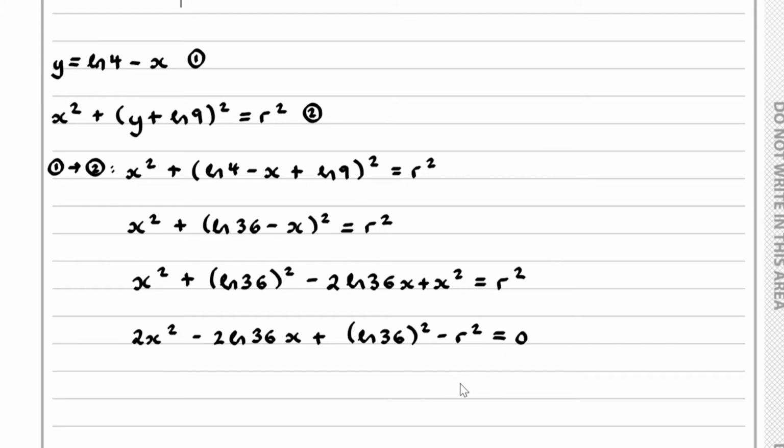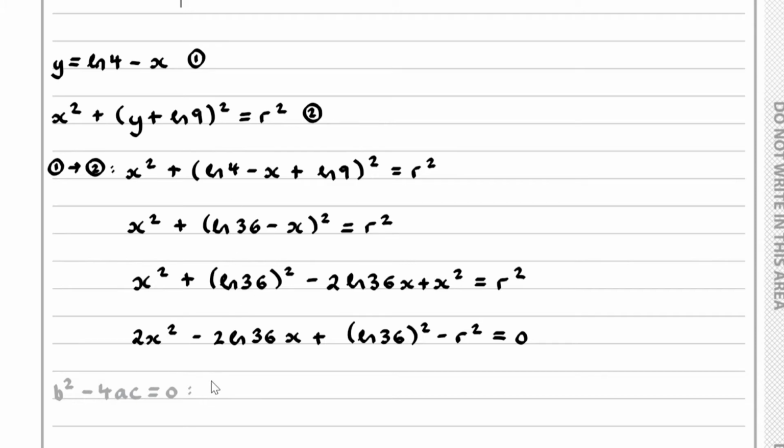And we can find out what r squared is by using the discriminant. We can use the fact that b squared minus 4ac is equal to 0 because the line and the circle touch once.